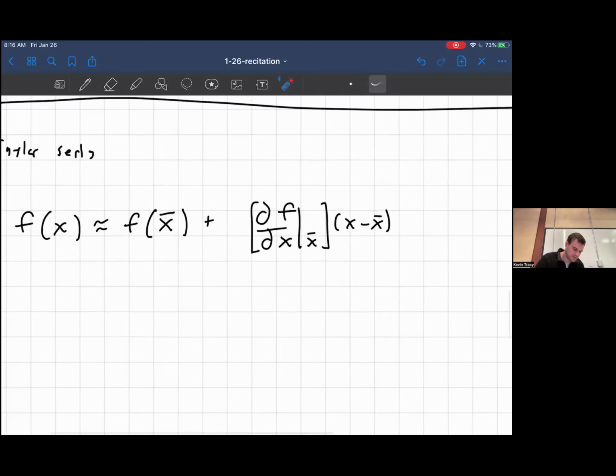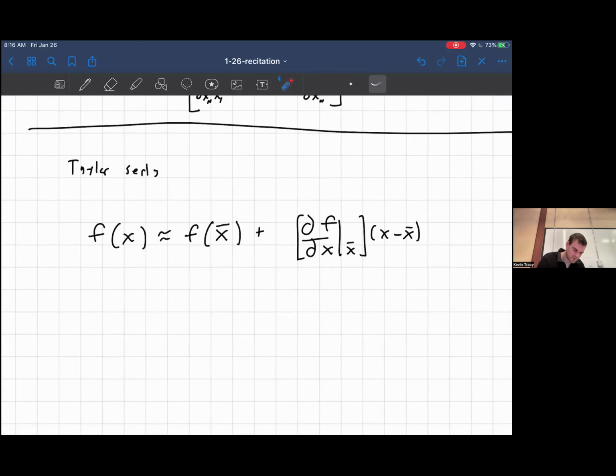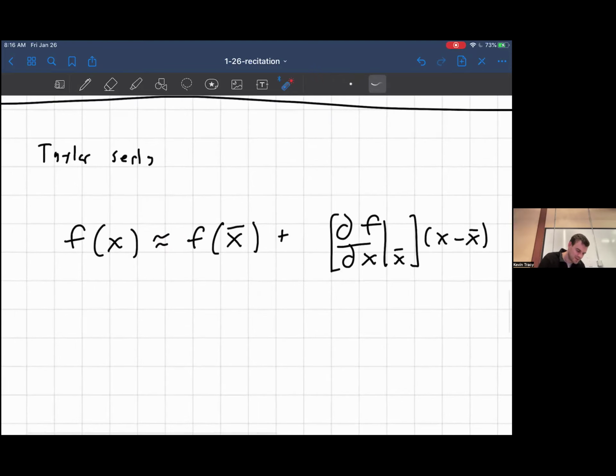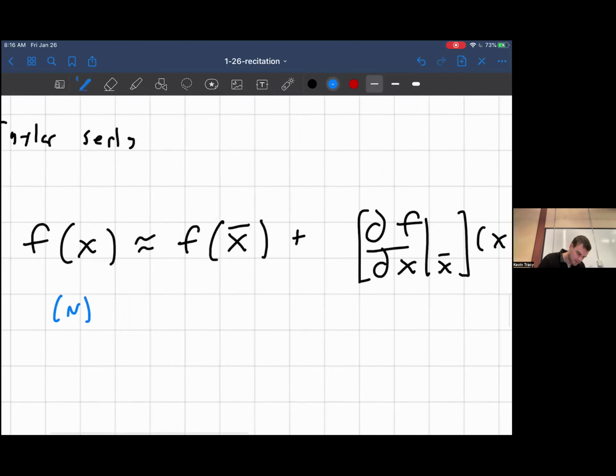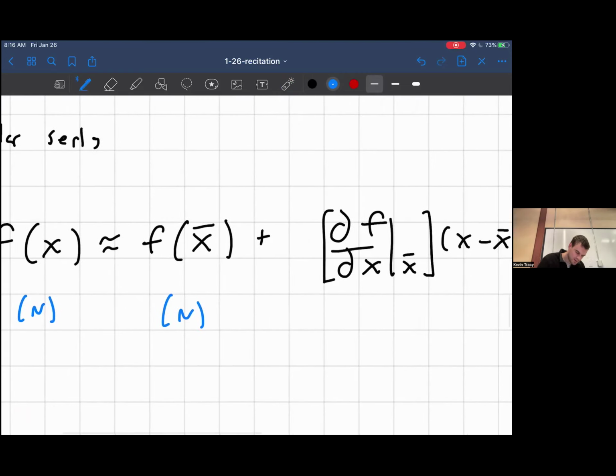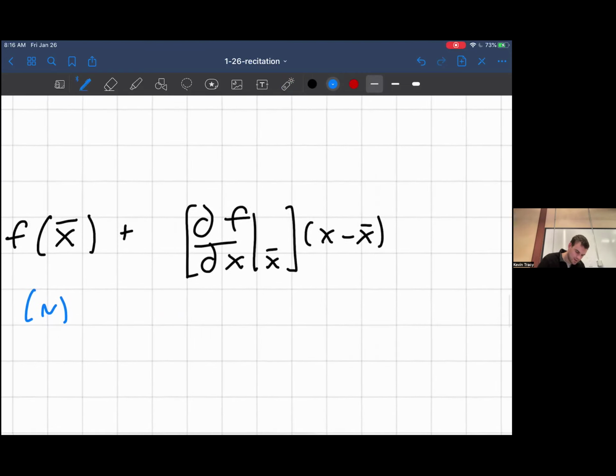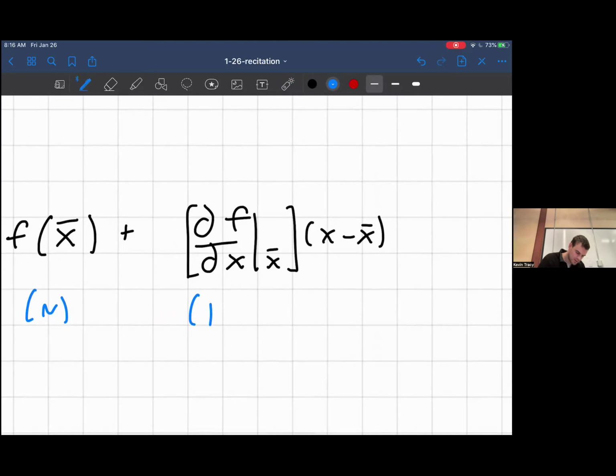So this is our Taylor series first order for a function, and very important, this is approximately. If we wanted a full Taylor series, we'd have to include all the other terms. But let's just look at one of these things and let's look at the dimensions of everything. So this is length n, this is length n, and this right here is one row, n columns.